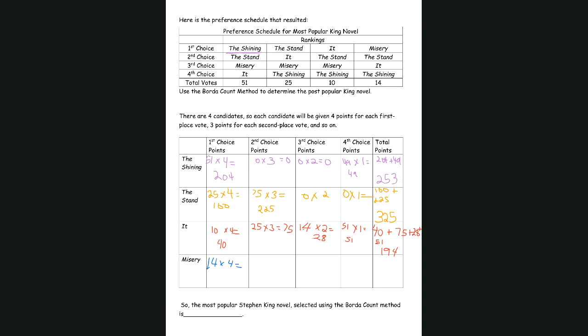So 14 times 4 is 56. It was considered second place by no one, so that's 0 times 3.